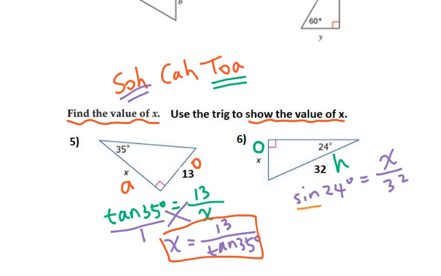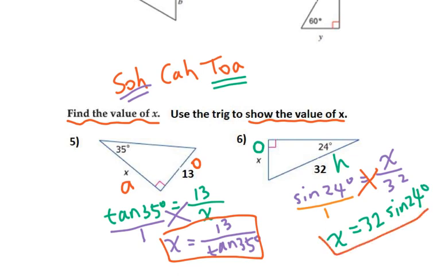So we make a fraction for the left side, then we cross multiply. Same line, go to the denominator, that's 1, so you don't have to write down over 1. That's 32 sine 24 degrees. That's the answer.